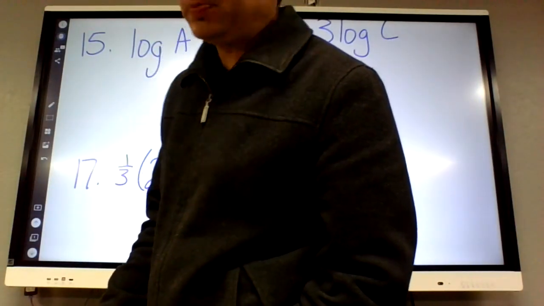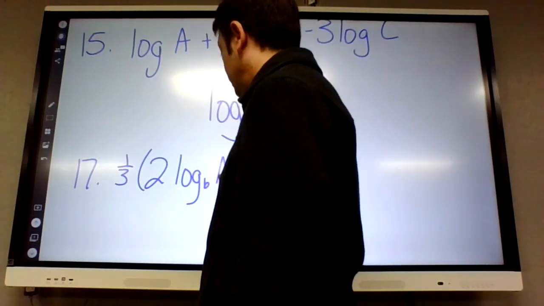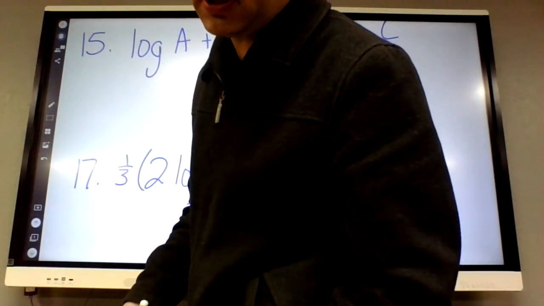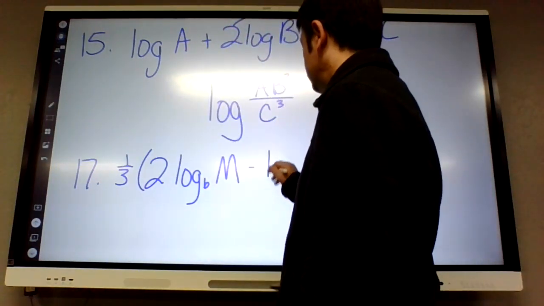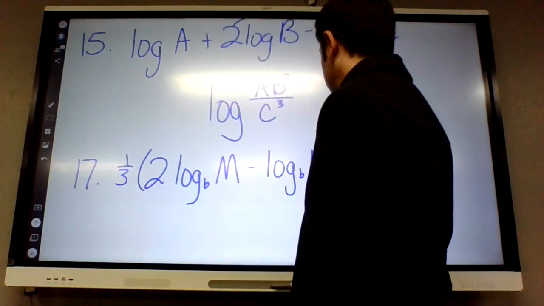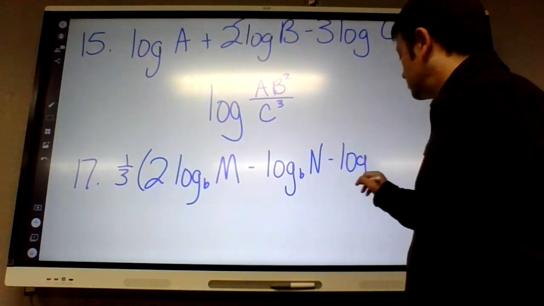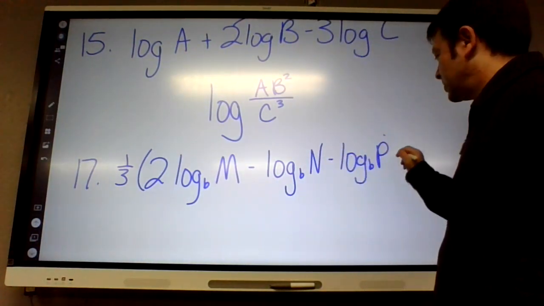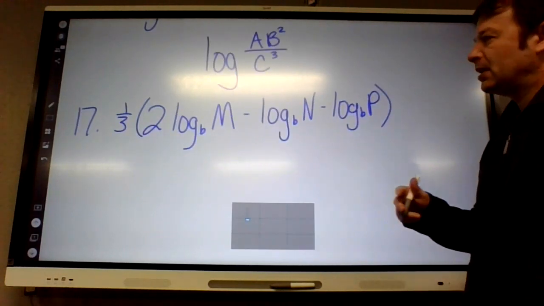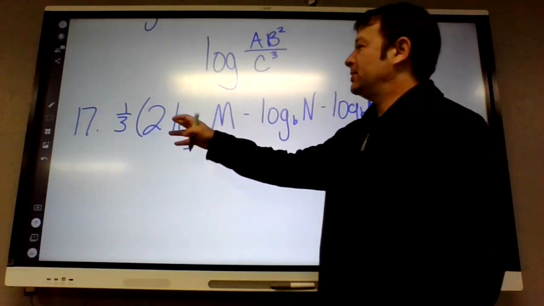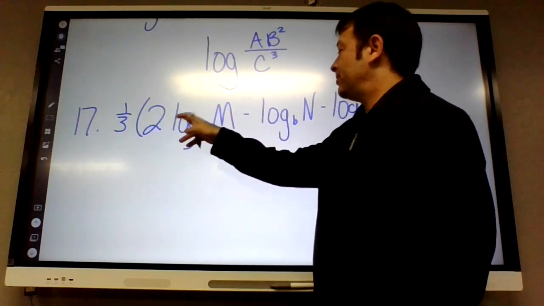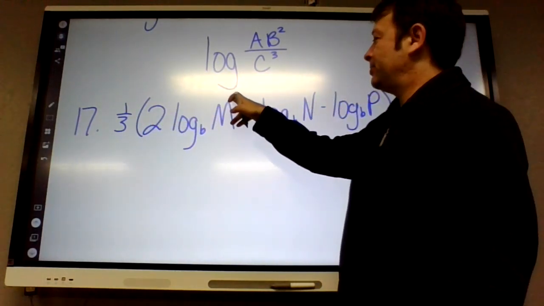Gosh, this is long. B minus N minus P. Fraction lines. Okay, I think I wrote that right. So the 1/3 is like, you could distribute it on all 3 of these terms, so it could become a power.